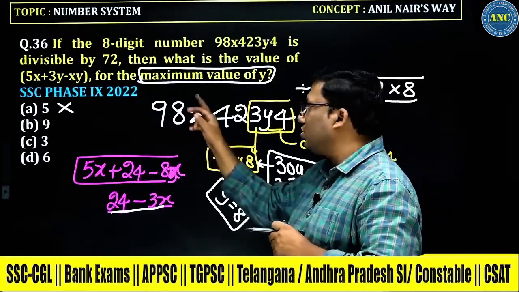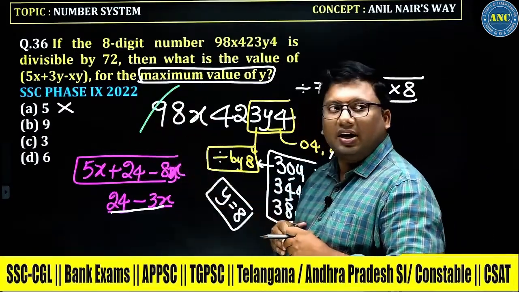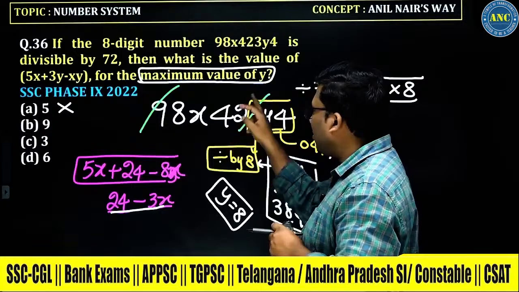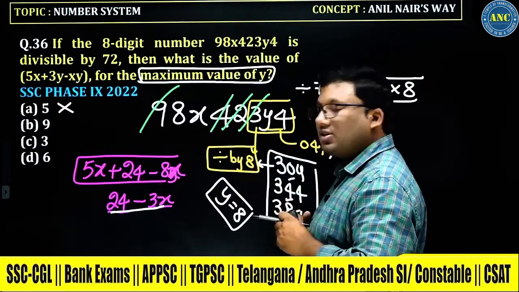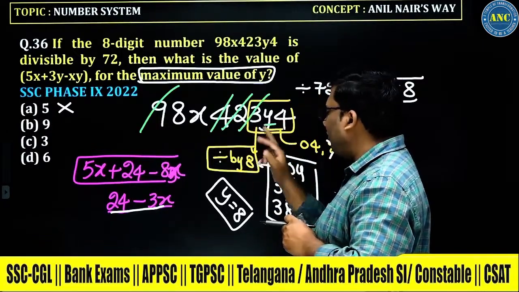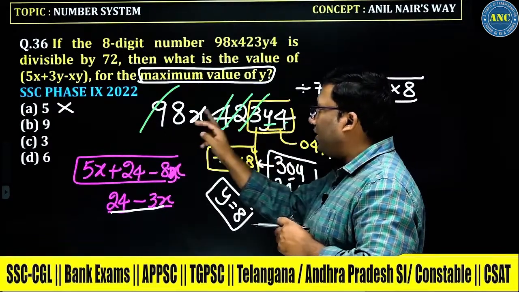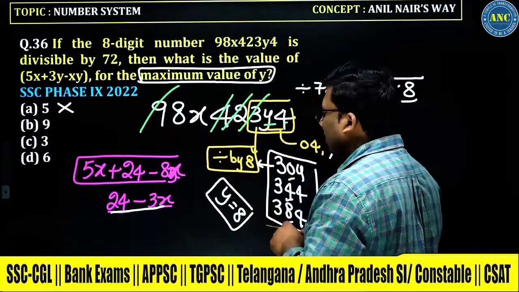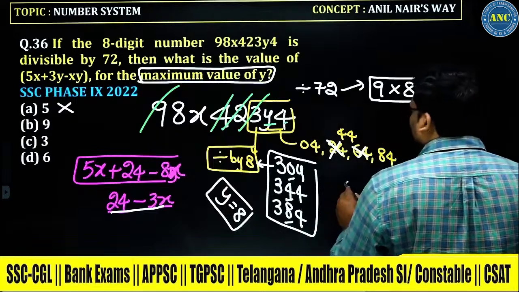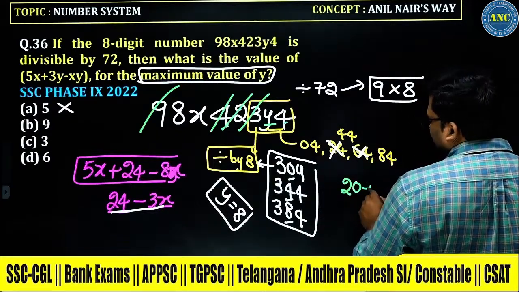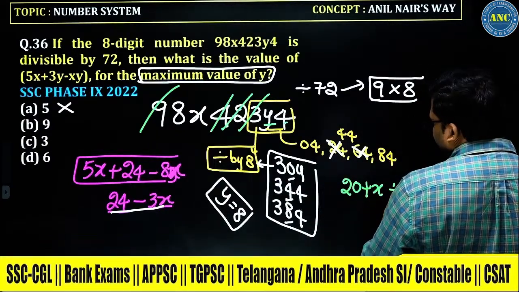The sum of the digits should be divisible by 9. 8 plus 4, 12, 12 plus 8, 20, 20 plus x. It should be divisible by 9.